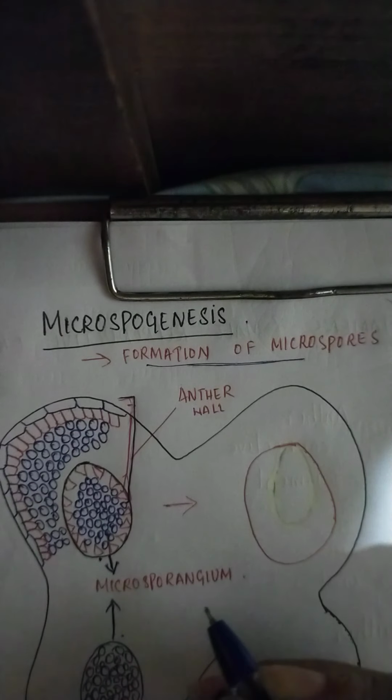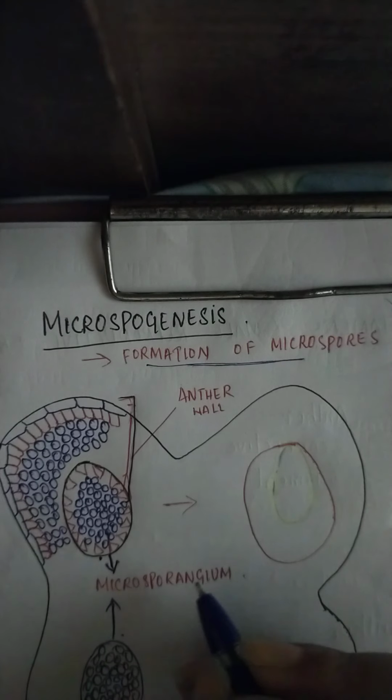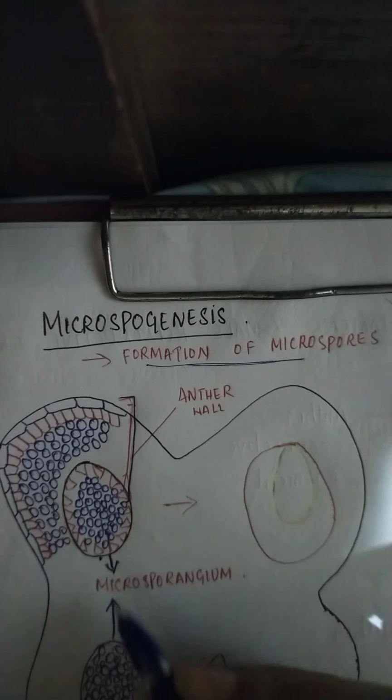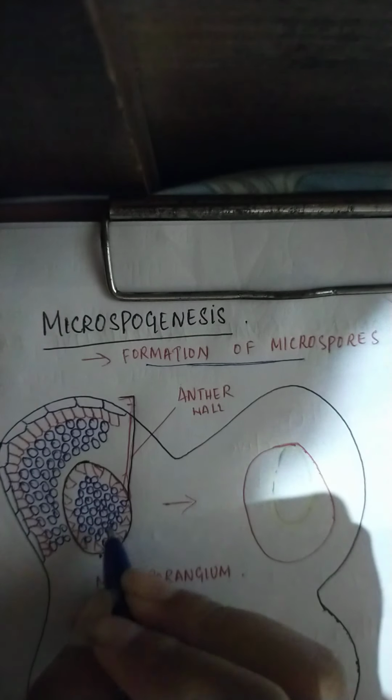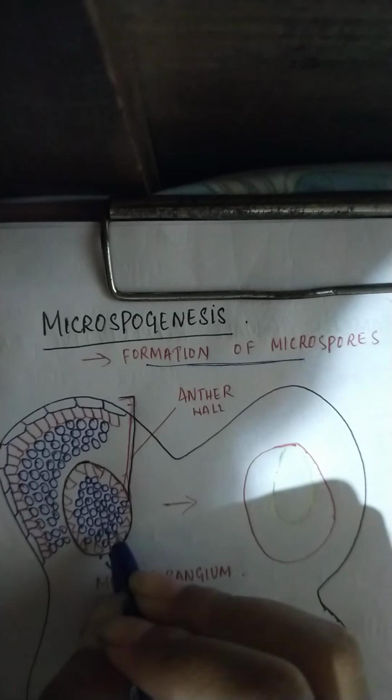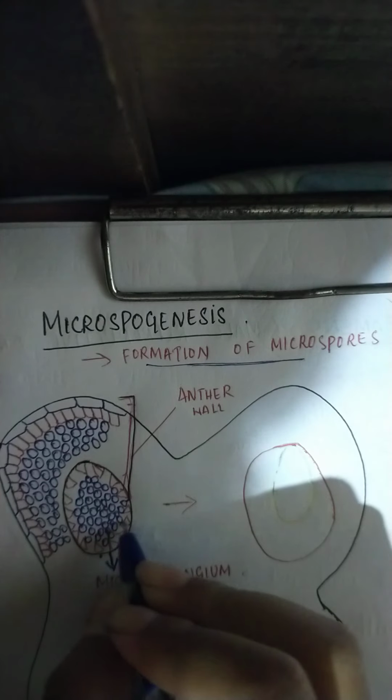Here, as the anther is still young, the cells inside the microsporangium are known as the archesporial cells or the sporogenous cells.